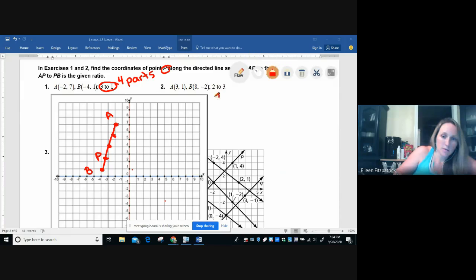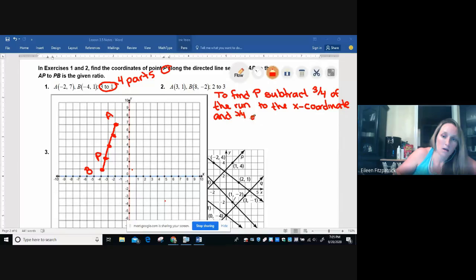You're going to find P, you're going to subtract 3/4 of the run to the x coordinate and 3/4 of, that's a 3, by the way, that's a 3/4 of the rise to the y coordinate.